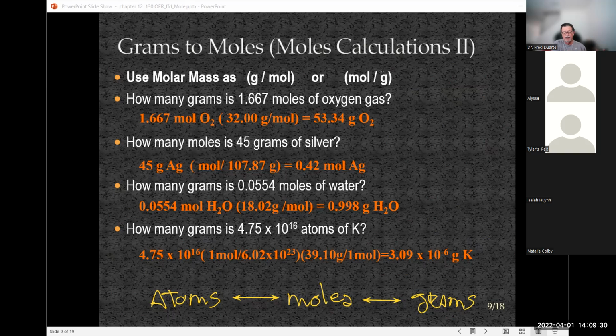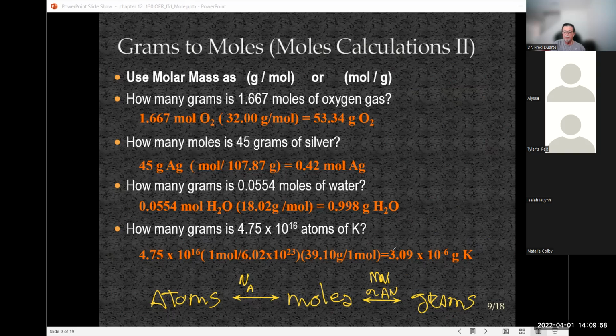And so if you got atoms and we need to get to grams, we have to go through moles, okay? And that would be Avogadro's number right here. And if we have moles and we need to get to grams, then we're going to need either the molar mass or the atomic weight of whatever species we're looking at, okay?